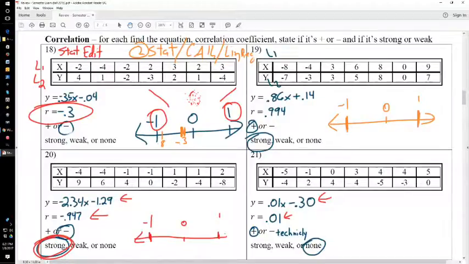It's practically nothing. So that is as close to 0 as you can pretty much get. That is no correlation whatsoever. I don't even think you can call it a positive correlation. It is just no correlation.